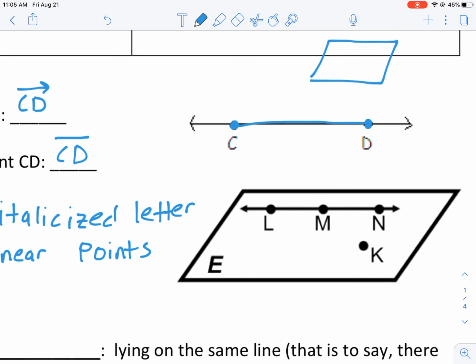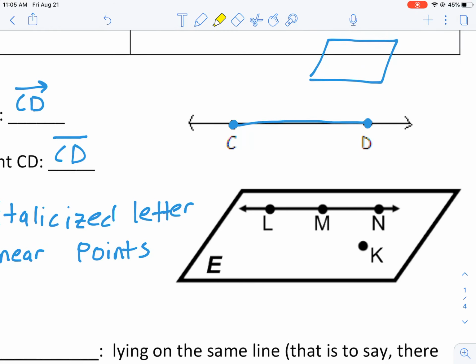The reason we don't want them to be on a line, so if we looked at line LMN, all 3 of those points are on the same line, so that's not necessarily giving you 2 dimensions, right? It's only giving you 1 dimension. So the 3 points that you pick need to give you 2 dimensions, right? So if we pick K, now we have another direction that our lines are going off in.